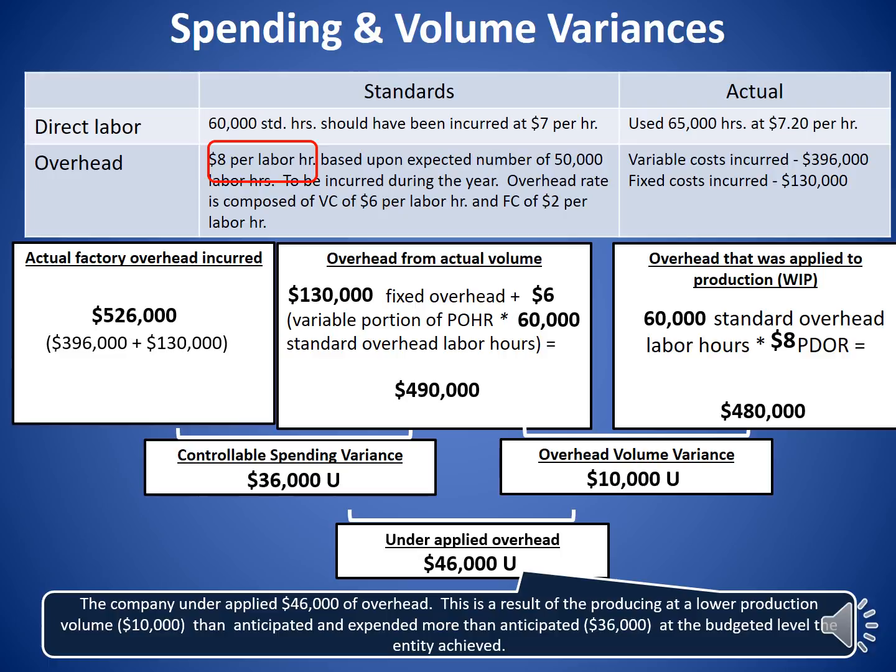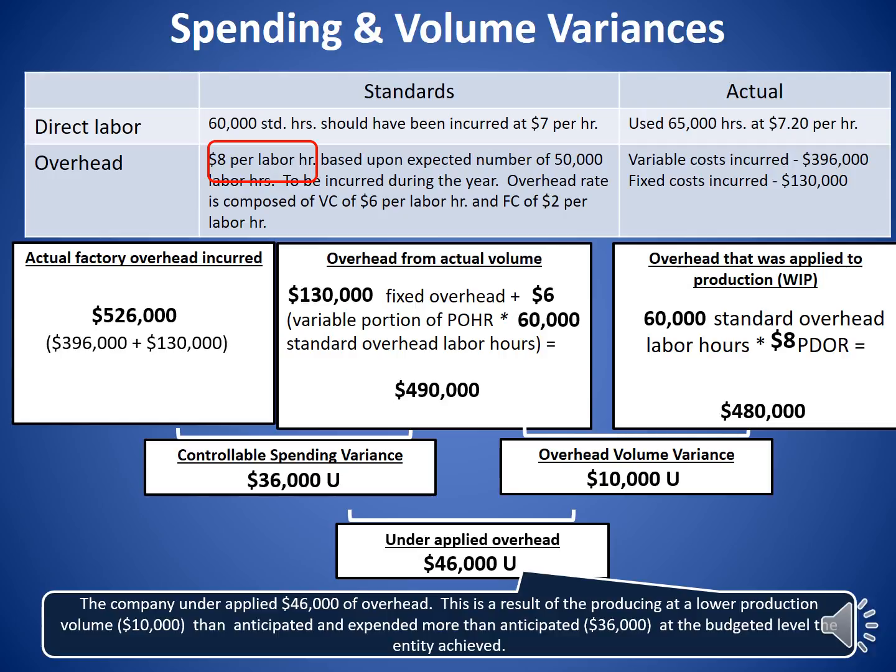This is a result of producing at a lower production volume, which is worth $10,000, than we had originally anticipated, and we spent more than we anticipated, which was $36,000 at the budgeted level that we achieved.